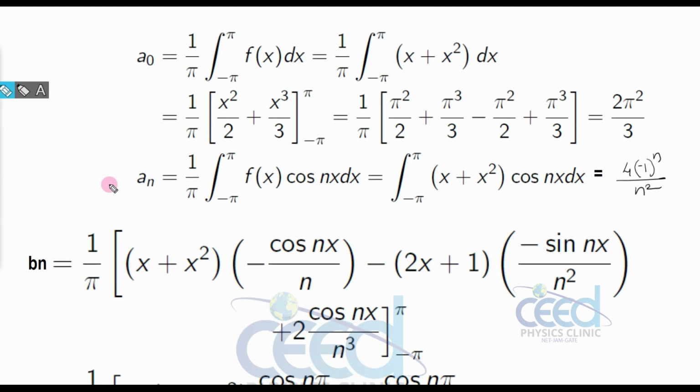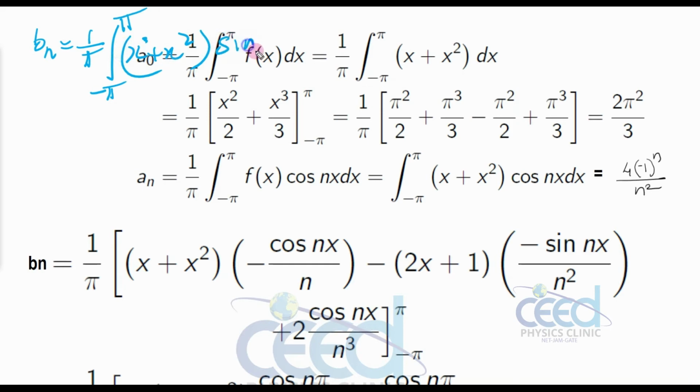So let me go to the blackboard again. So bn is equal to 1 by pi, integral from minus pi to pi of f of x, that is f of x, we know that is x plus x square, into sin nx dx.